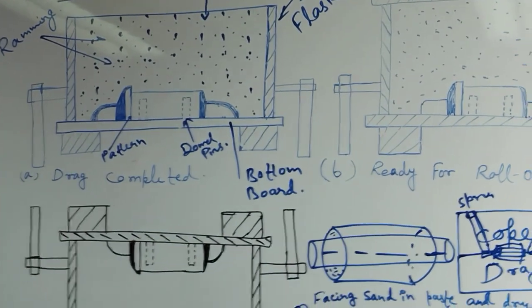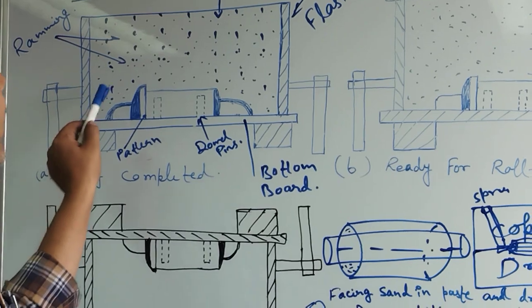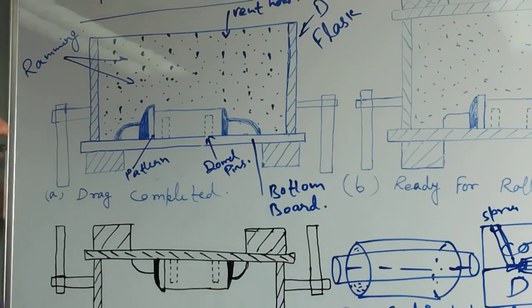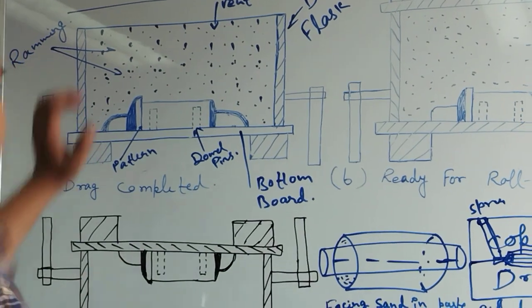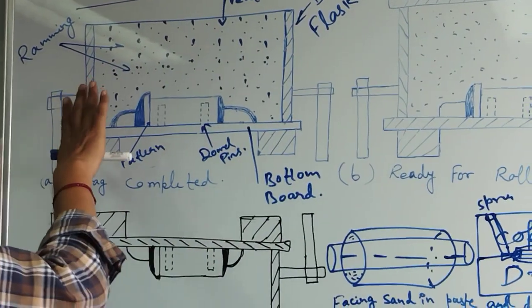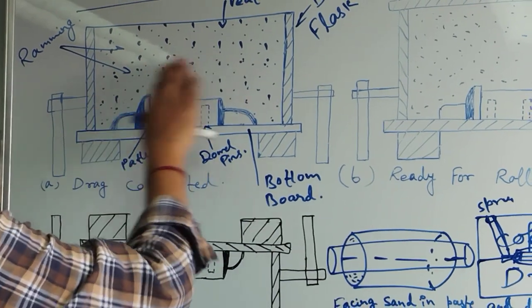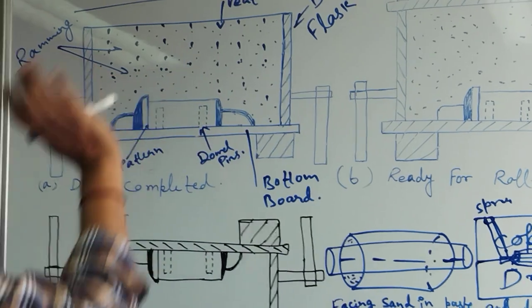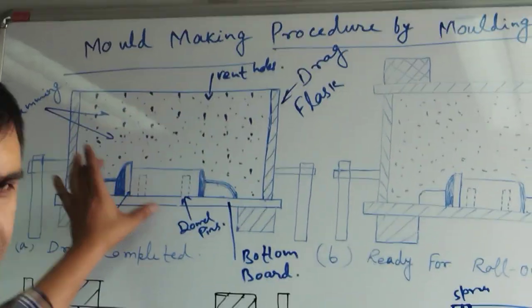After that, the molding sand is sprinkled here and it will be put in approximately to our required dimensions and fill up the pattern space.